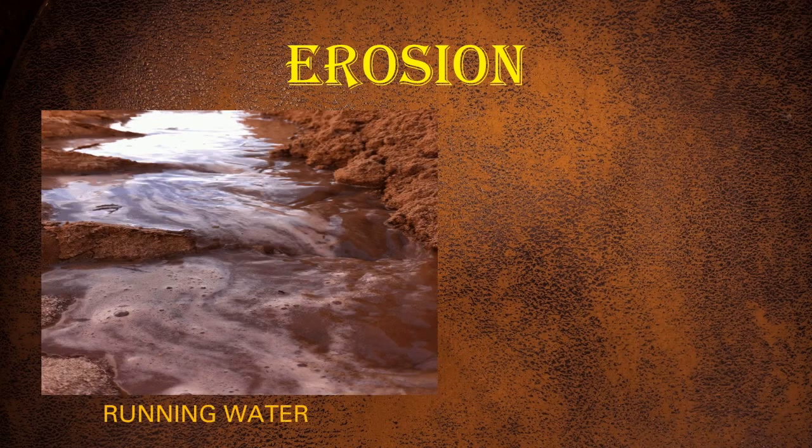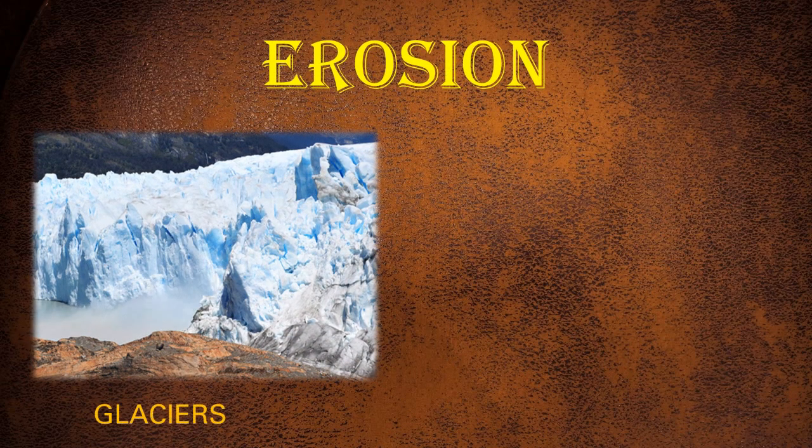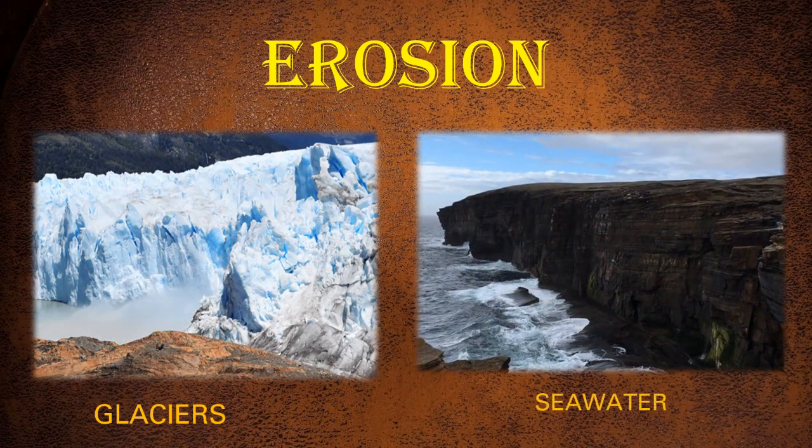Erosion occurs through various agents such as running water, wind. Also, erosion includes glaciers and seawater and the groundwater.